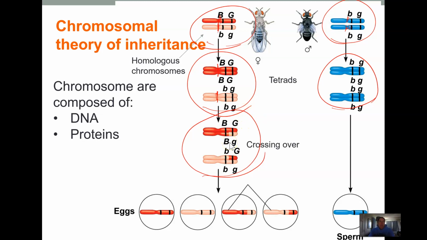And remember, the value of crossing over is to create more genetic variation in those gametes. And so in this case, when this female fly produces eggs, now all 4 eggs are going to be different. Whereas if crossing over didn't occur, she would only have 2 different combinations of gametes.